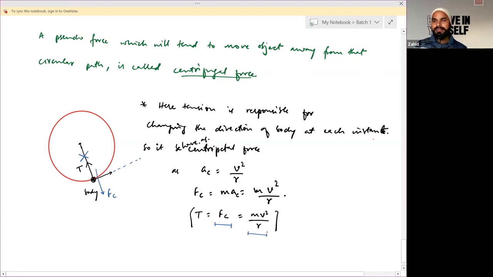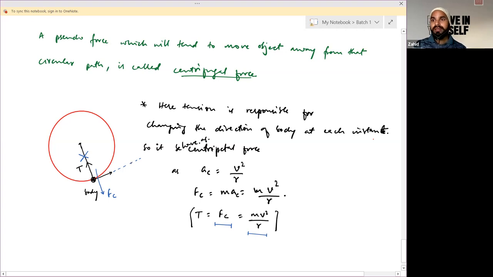In some other, opposite sense, you will say if you break this string, this body will fly off tangentially. Why has it moved along this tangential direction?